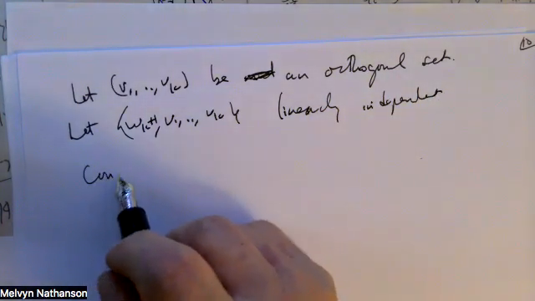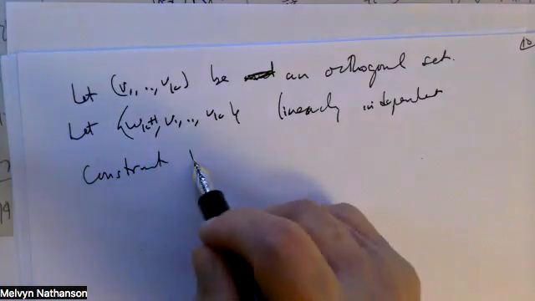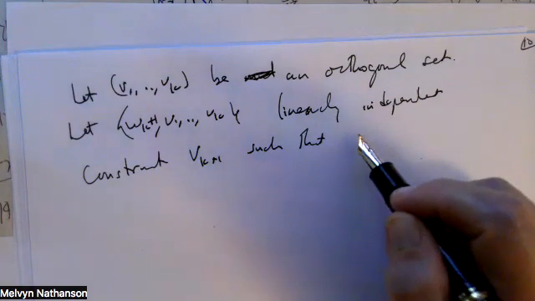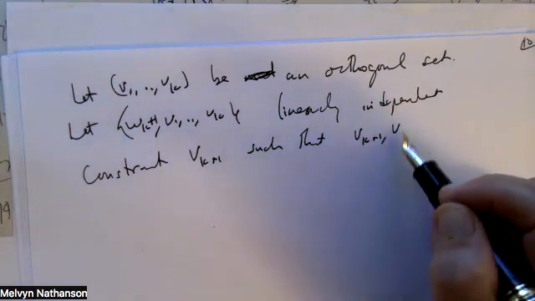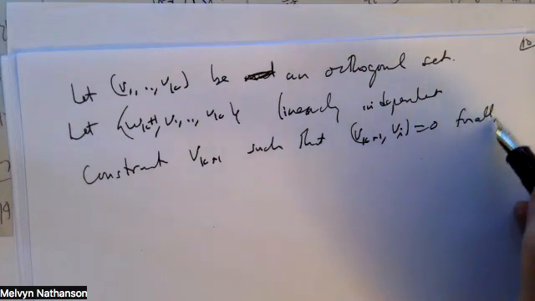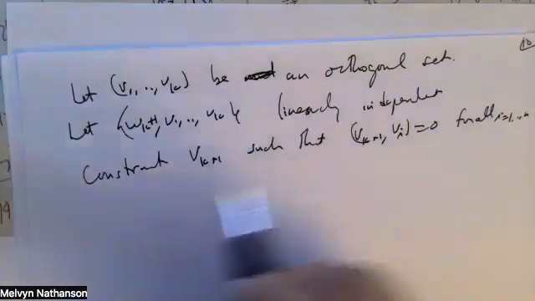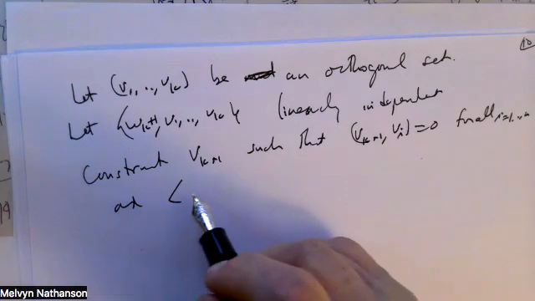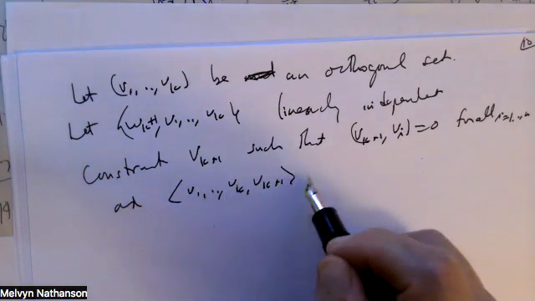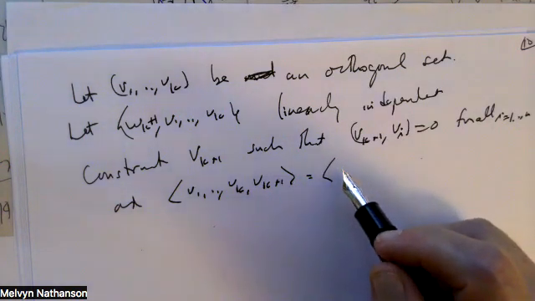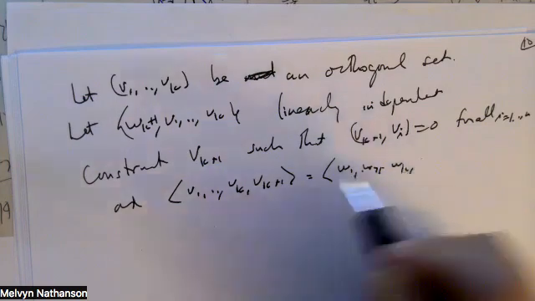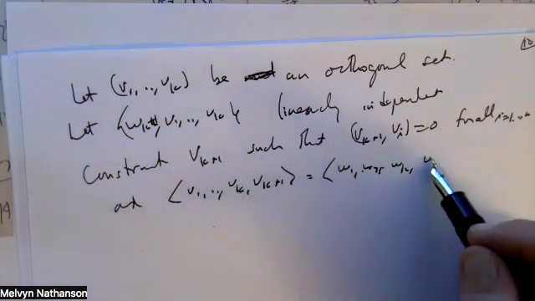So we want to construct Vk+1 such that Vk+1 is perpendicular to Vi for all i from 1 up to k, and the subspace generated by V1 up to Vk and Vk+1 is the same as the subspace generated by W1 up to Wk and Wk+1.